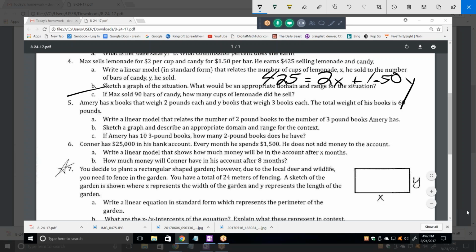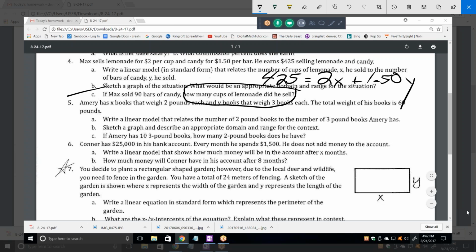But now they're giving us this C here. And they're telling us that she sold 90 bars of candy. And they want to know how many cups of lemonade she must have sold. So what can I do? How can I figure out what x is when y is 90?